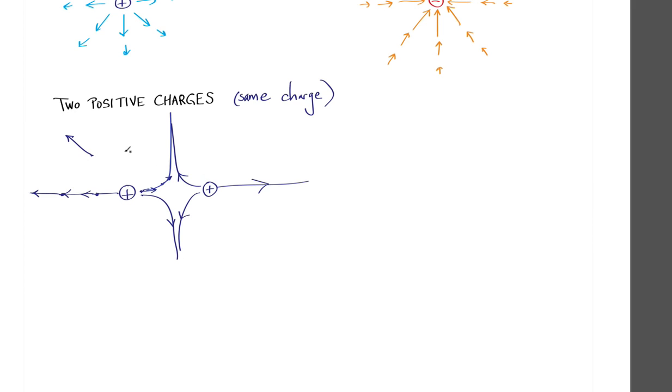And so what these field lines actually are is that if I look at any one of these points on a field line, exactly tangent to the line is the direction in which the electric field is. So if I looked right here, the electric field would be pointing exactly tangent like that. At this point here in space, it would be exactly tangent, so it would be pointing out like this.